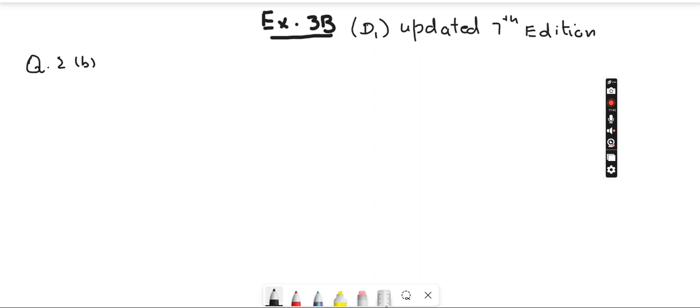Now we'll be talking about C part. It is a little bit different question from A and B part. What C part says, it is the result.